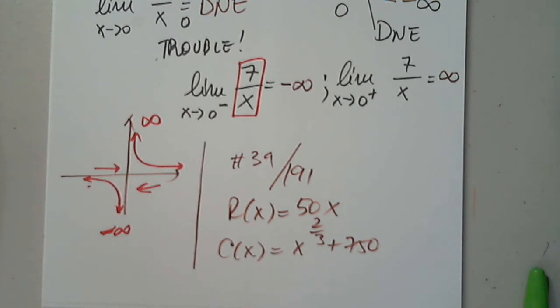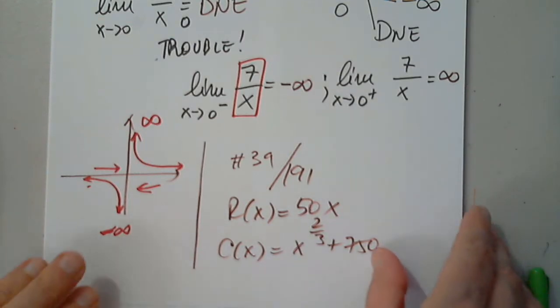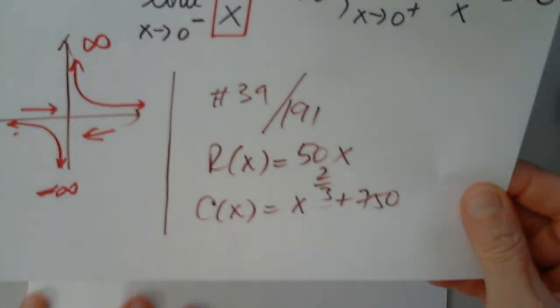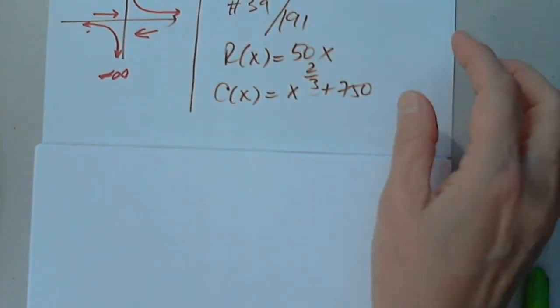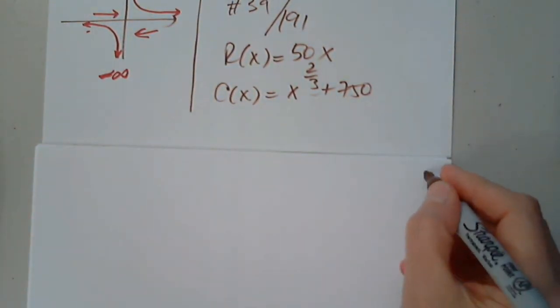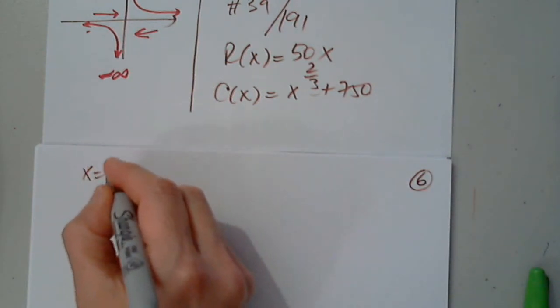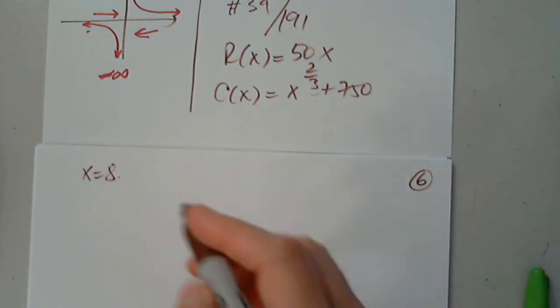So let's just do the average cost. It's up to you, but I would like not to do all 3, unless you want to. Average cost, because it's also asking us for x equals 8. Good. 8 units.